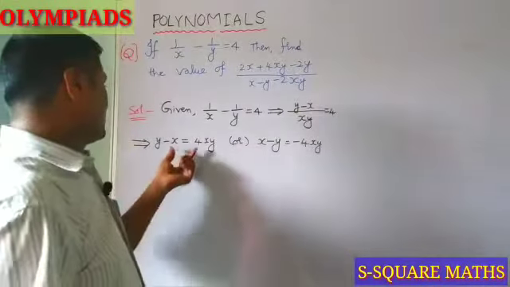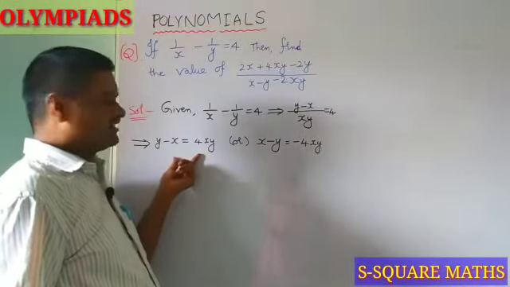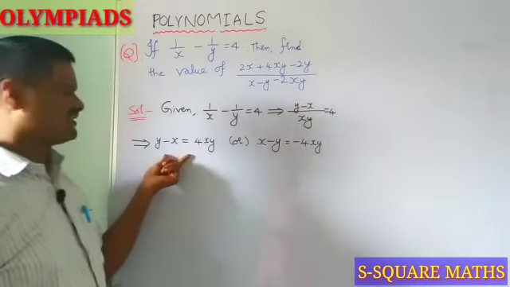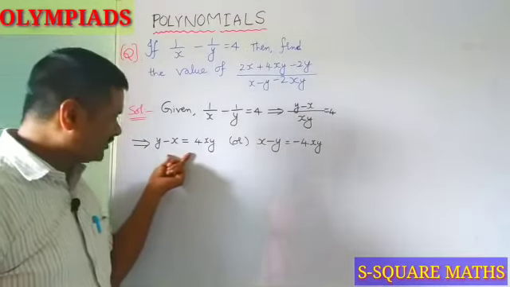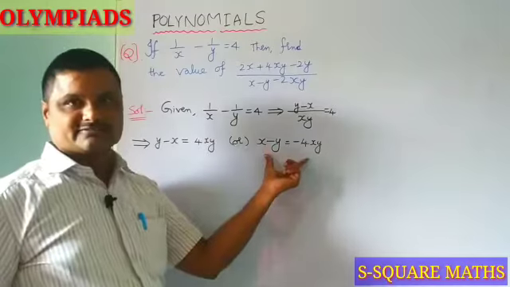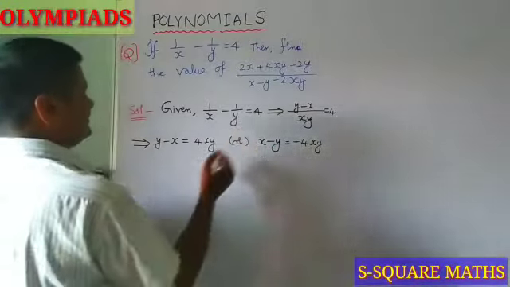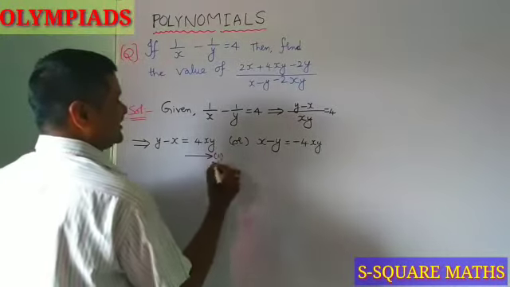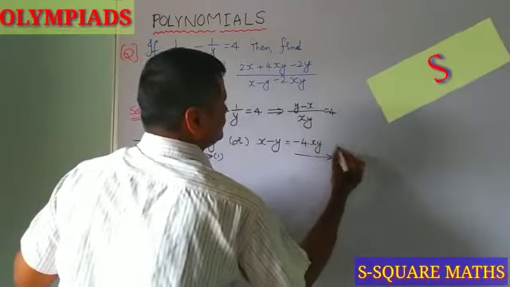Wherever it is possible we are going to substitute the x minus y value or the y minus x value. Taking minus common, this we are going to get. Let us mark this as equation 1 and this as equation 2.